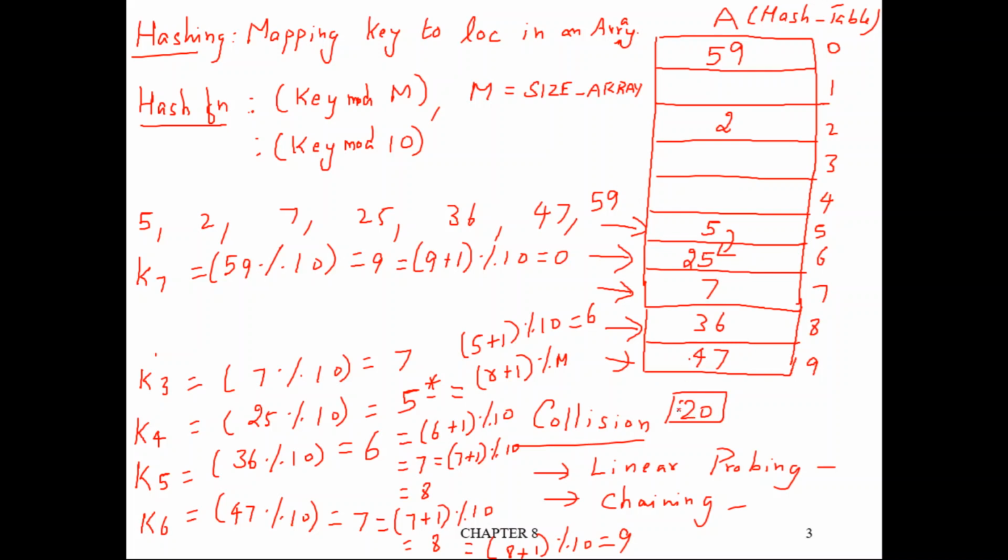Okay, because now this mod value is changing. Previously the mod value was 10, but now when you increase the table size it will become 20. So whenever you increase the table size, the home location of the key values will change. Okay, so everything should be recalculated.